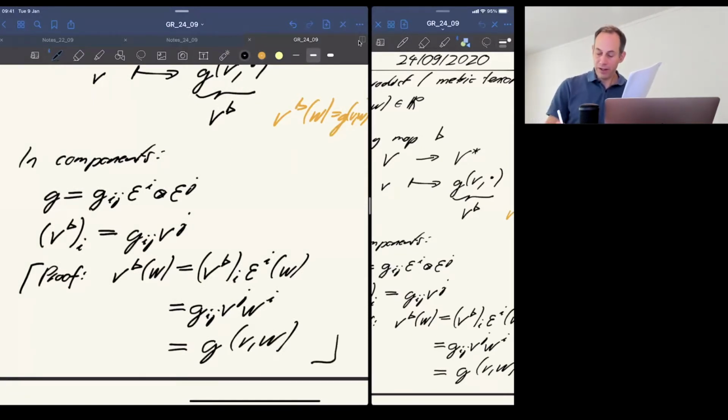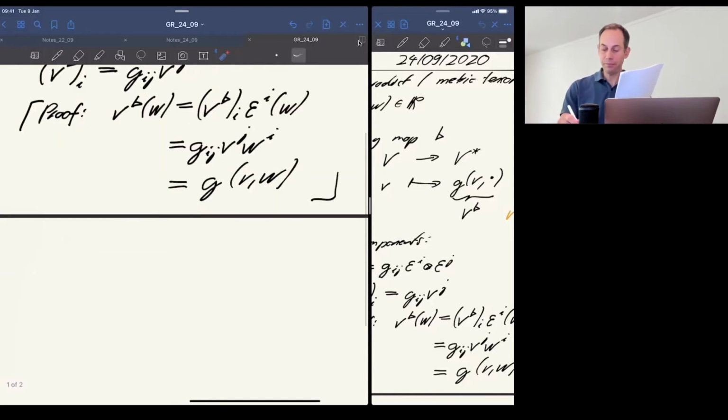So therefore, I've verified that this expression for the components of V♭ is correct. Okay, so that was just a very little calculation to see how we work with these objects. So remember, the trick is always to apply dual vectors to some arbitrary vector W and see what it does.